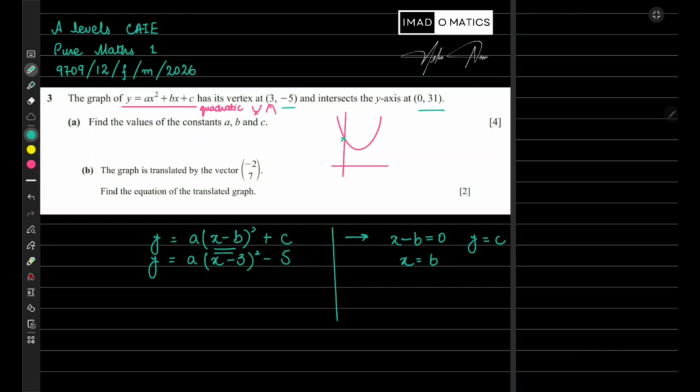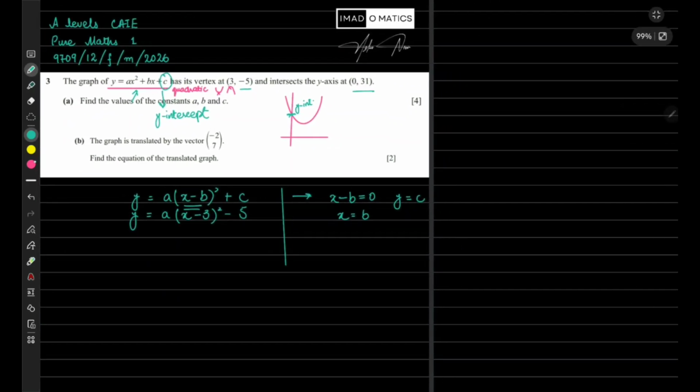The second thing we can infer directly is that if it intersects the y-axis at (0, 31), that means they have given you the y-intercept. And in the normal form of a quadratic equation, this c is actually the y-intercept. So directly they have given you c to be 31.